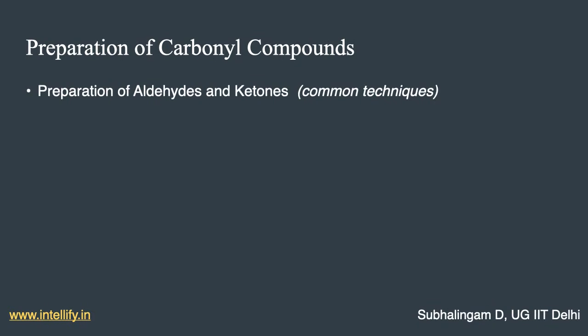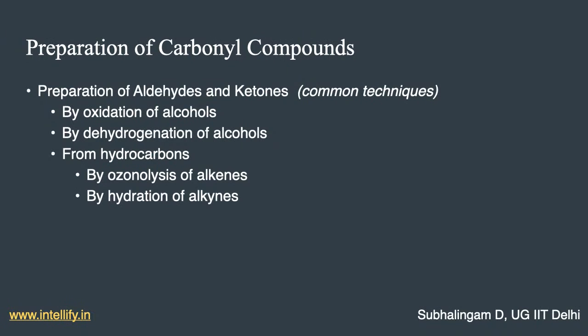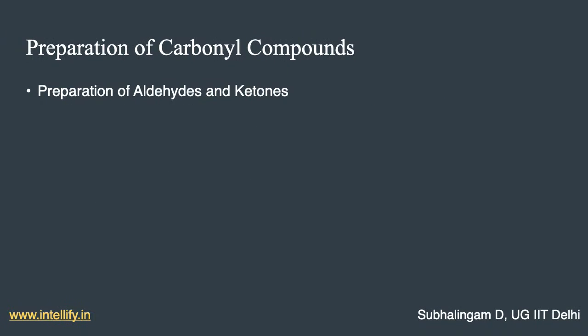First we will see some common techniques to prepare aldehydes or ketones. First we have oxidation of alcohols, then dehydrogenation of alcohols, then from hydrocarbons, which includes ozonolysis of alkenes and hydration of alkynes.